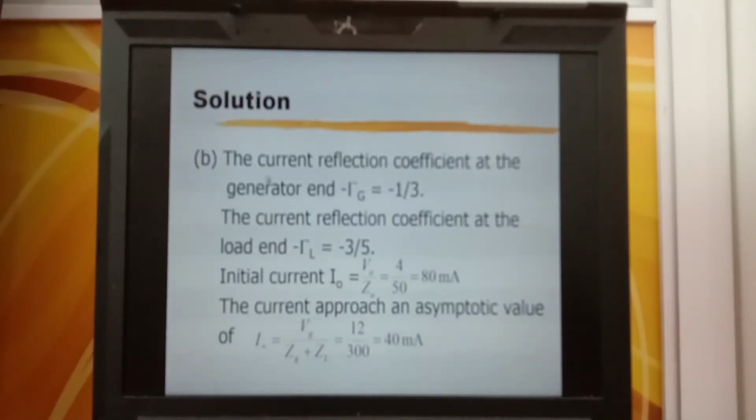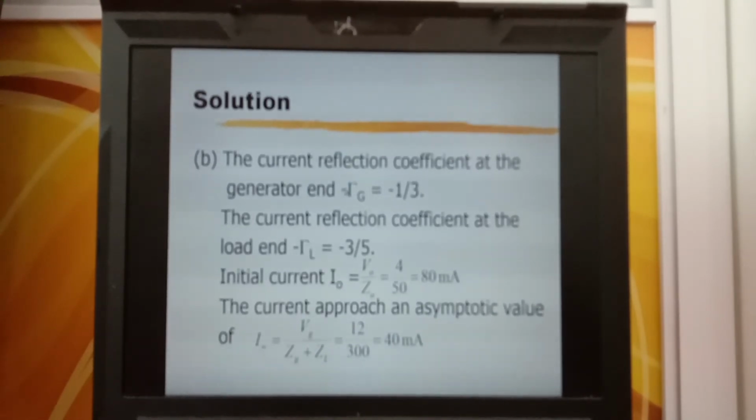We can now work on the current waveform at the source end and also the load end. As we said earlier, to find the current waveform, we can use the same formula except that we replace the reflection coefficient with a negative value.